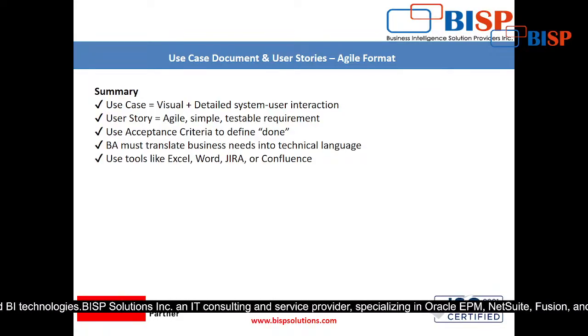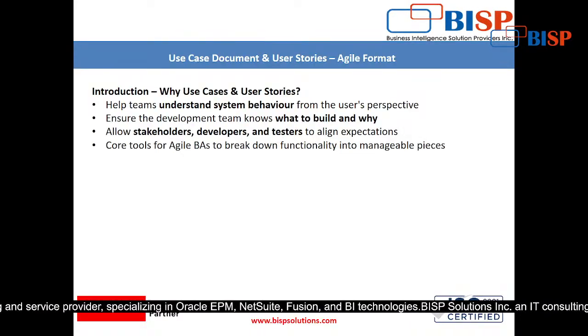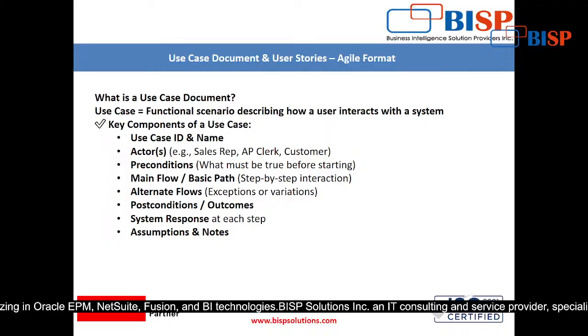Now, in this whole conversation, what did you understand? Let's have a quick recap. First of all, let's see this. After that, I will show you the text file also. First of all, today we are going to understand exactly what the use case document is and what the user stories document is.